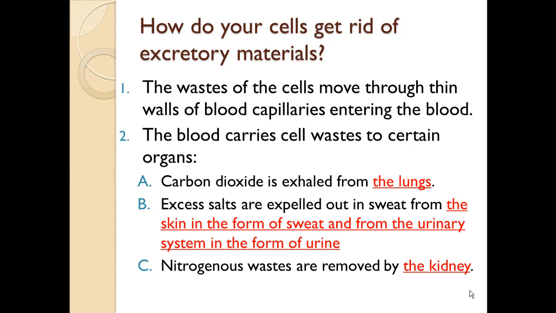Here comes an important question. We get rid of excess salt and excess water through the skin and through the urinary system, or we get rid of excess salt and excess water in the form of sweat and in the form of urine. The last type is the nitrogenous waste. The nitrogenous waste is removed by your urinary system in the form of urine.